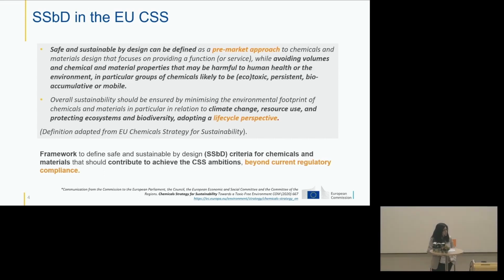And another important concept is that this has to be taken with the life cycle perspective. And that's the reason why the CSS identifies the SSbD as a key enabler to achieve the Green Deal ambitions beyond existing current regulations.